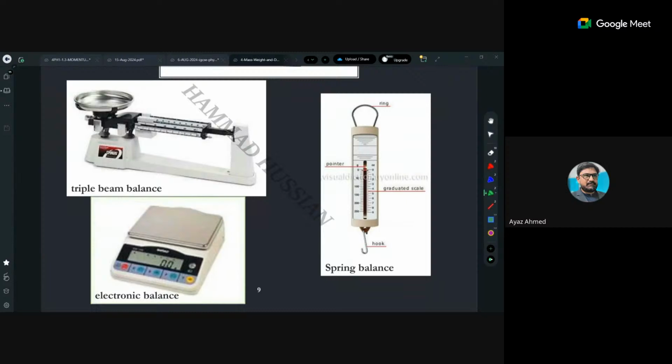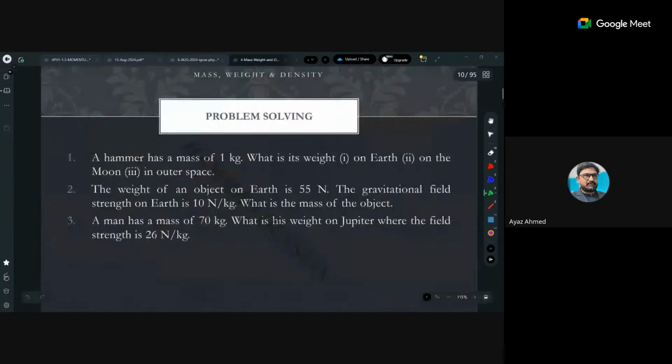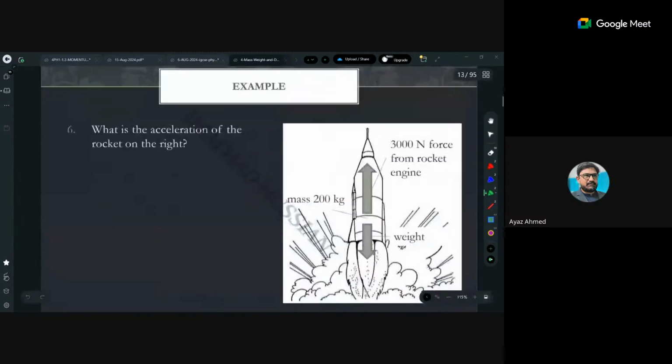Electronic balance is used to measure the mass. And triple beam balance is also used to measure the mass more accurately. ये होता है at which we are going to measure the mass for some small amount, but most accurate is your electronic balance.